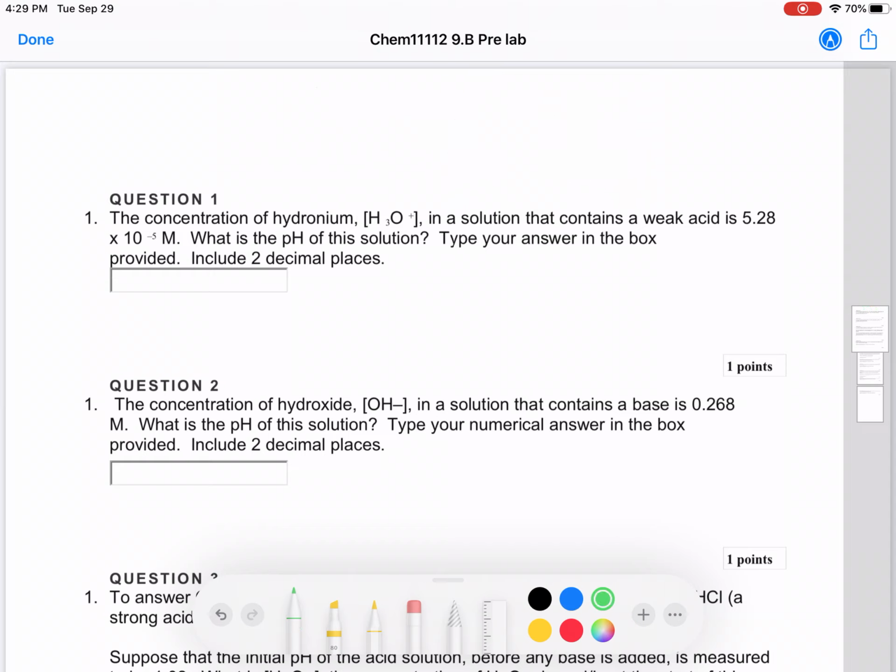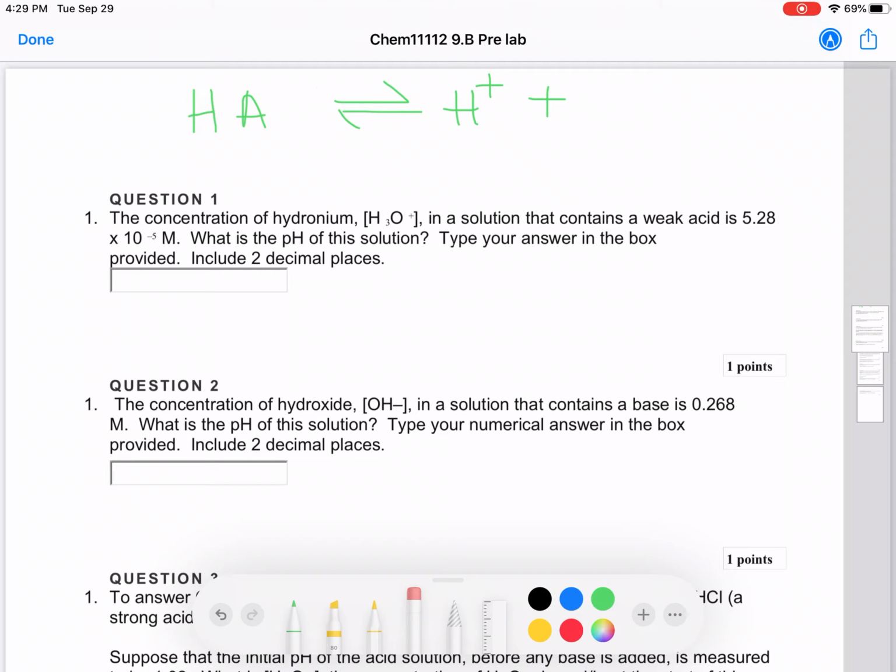Weak acid, as the name says, it's a weak electrolyte in the sense it would not dissociate 100%. For example, if you take HA as a weak acid, it's a reversible reaction, it would give you H+ and A minus.